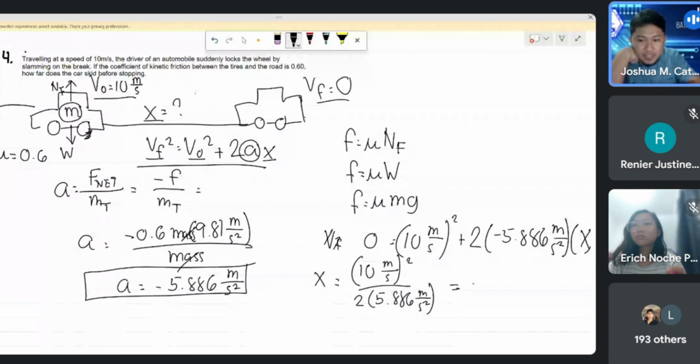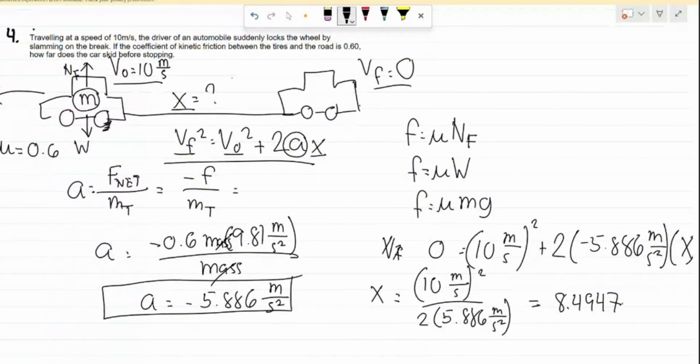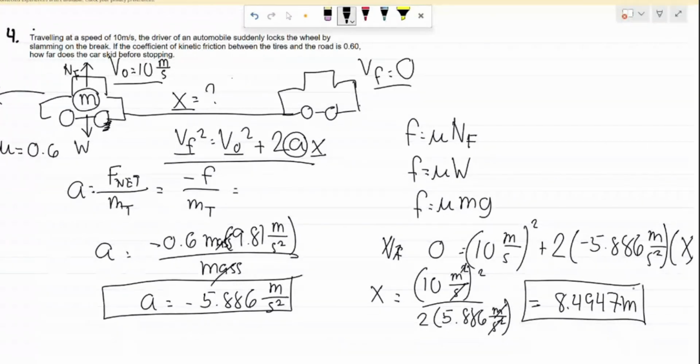Okay, so thank you sa mga sagot, 8.4947, and this is your unit analysis tayo, cancel po ang second, tsaka second. May matitira po ditong isa, meter and meter. So therefore, this is in meters.